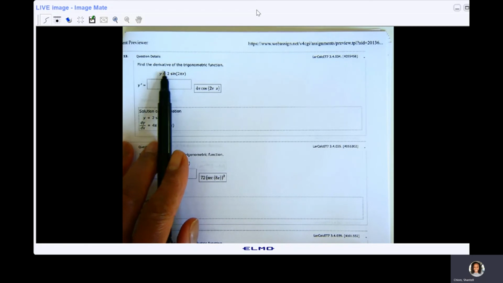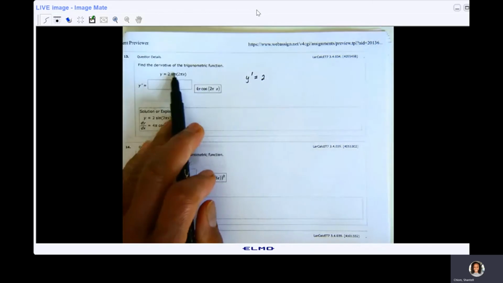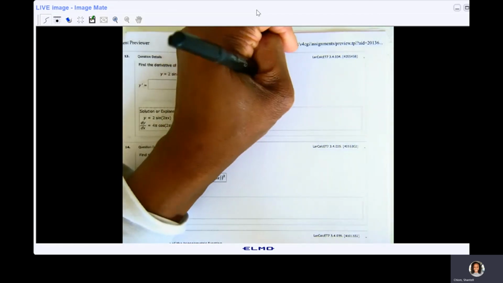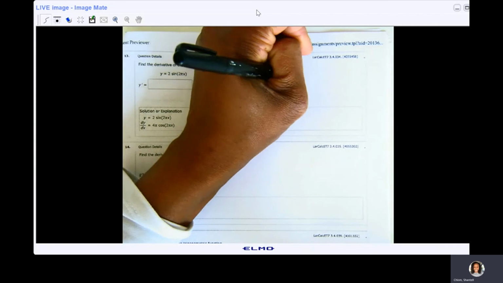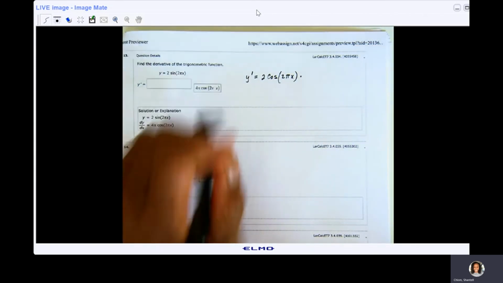This 2 is just a constant multiple, so you keep that. The outer derivative, the derivative of sine, is cosine, and you keep the 2 pi x the same. Then you say times the derivative of the inside. The derivative of 2 pi x is just 2 pi.